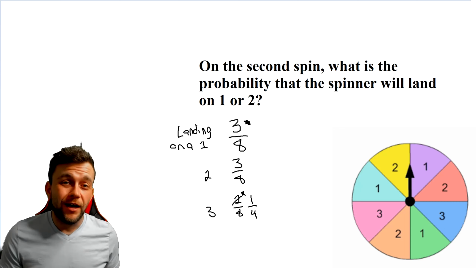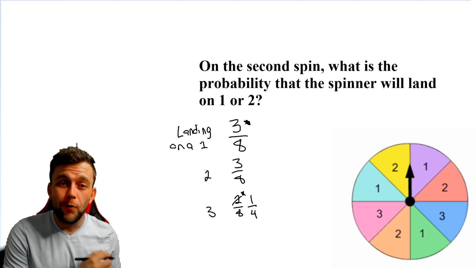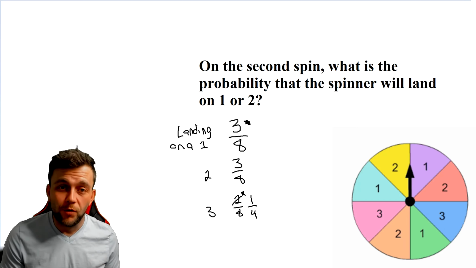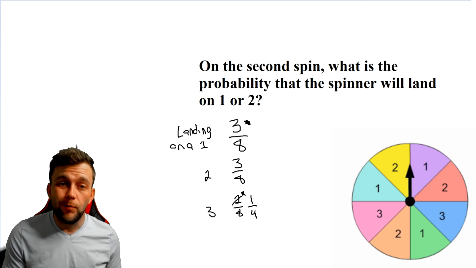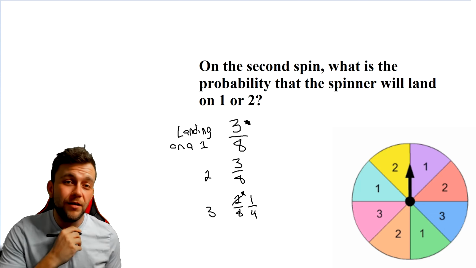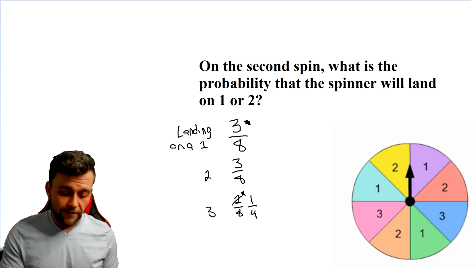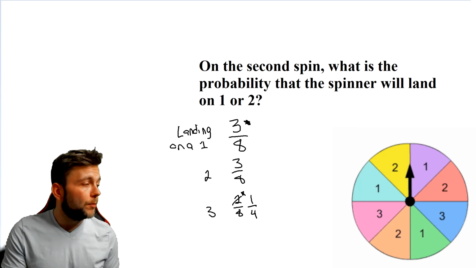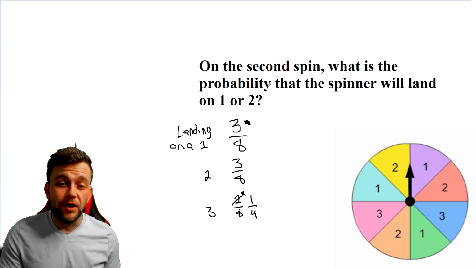And this is why I have written out the probabilities before even going to the questions. You know that it's going to be a probability-based question, so write out all of the probabilities first. That way, it's a lot easier to do this stuff. So we need to add the probability of landing on a 1 and the probability of landing on a 2.